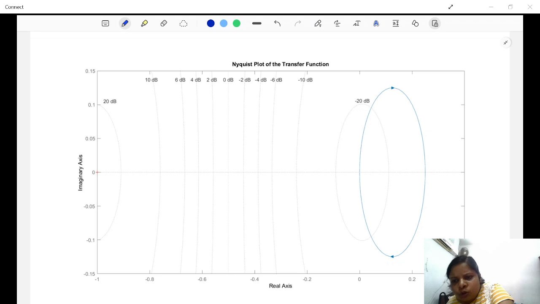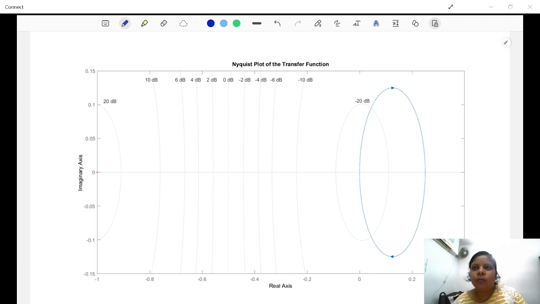By finding values for omega equal to 0 and omega equal to infinity, we can get the diameter, and from that we can find the radius. But you have to be sure that it is going to be a circle or semicircle. Then most probably you'll get the answer every time.